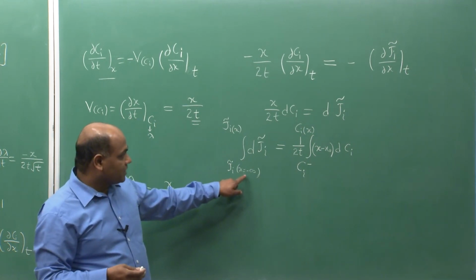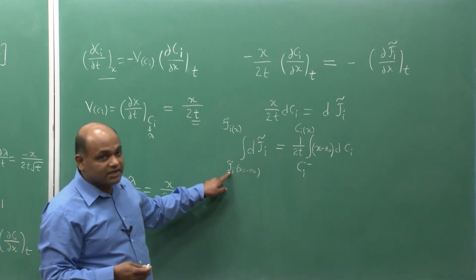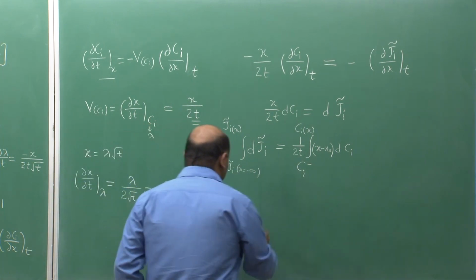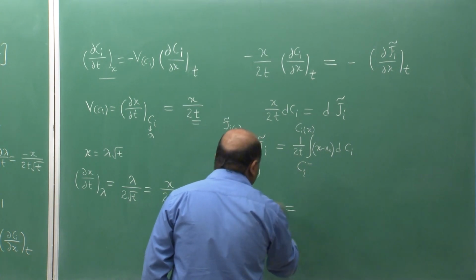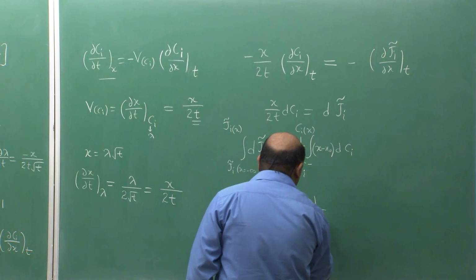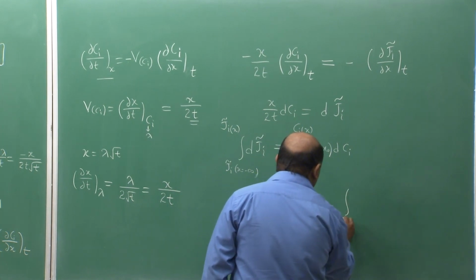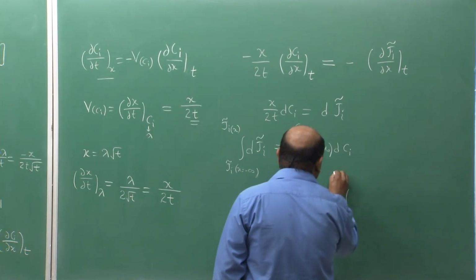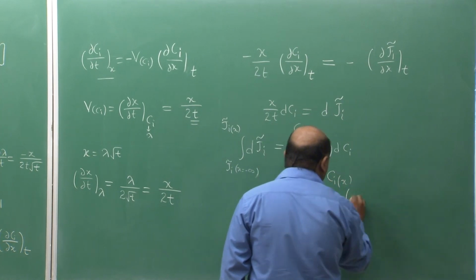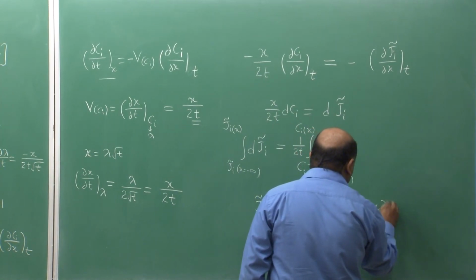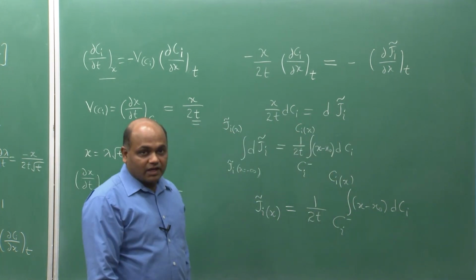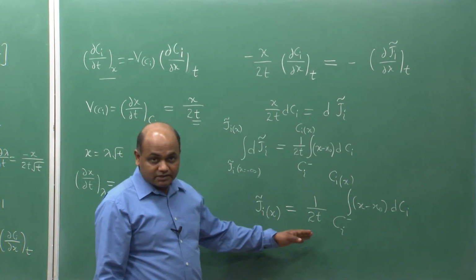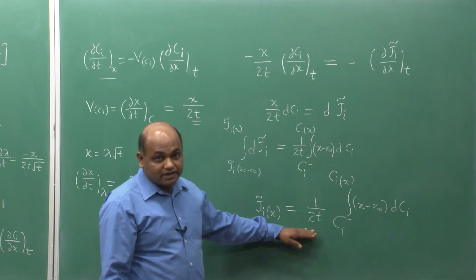So, at the left terminal, that x equal to minus infinity, Ji tilde is 0. So, we straight away get Ji tilde at x should be equal to 1 over 2t integral Ci minus to Ci at x, x minus x naught dCi, and this is how we can get the formula for interdiffusion flux.